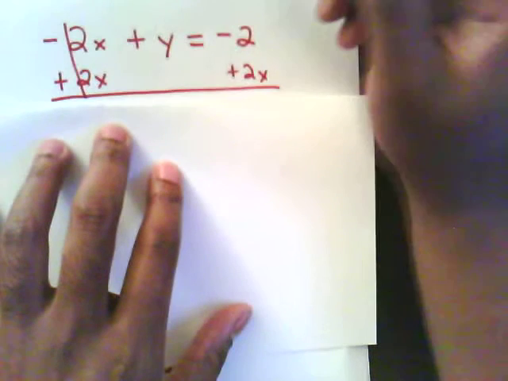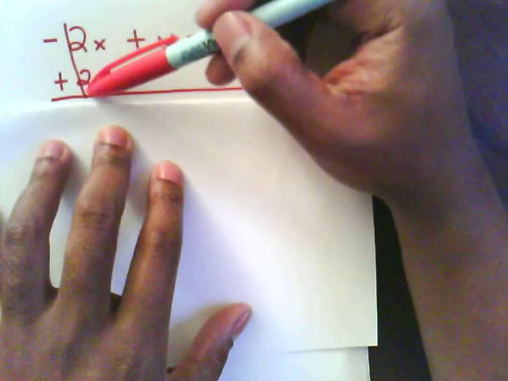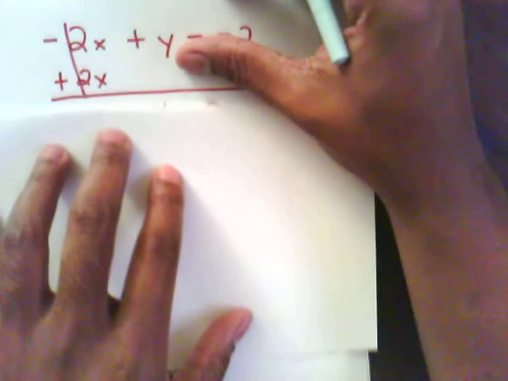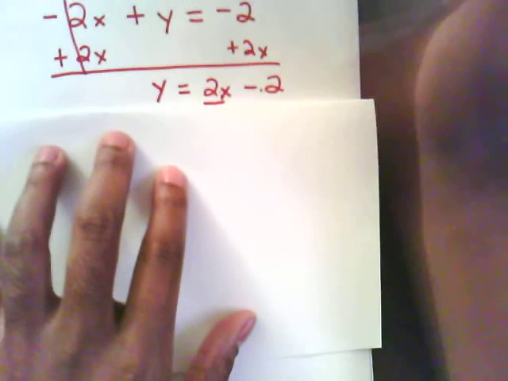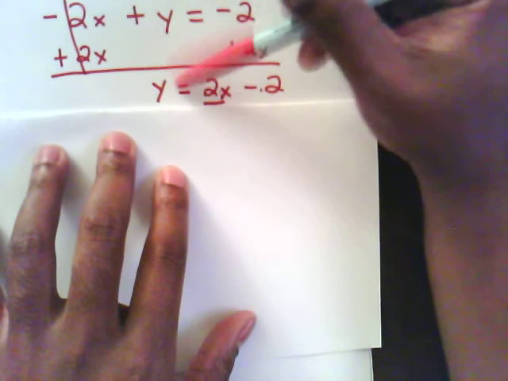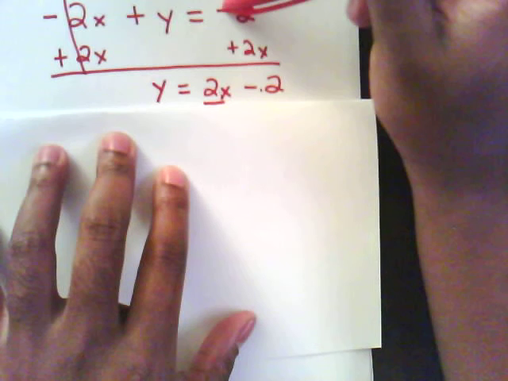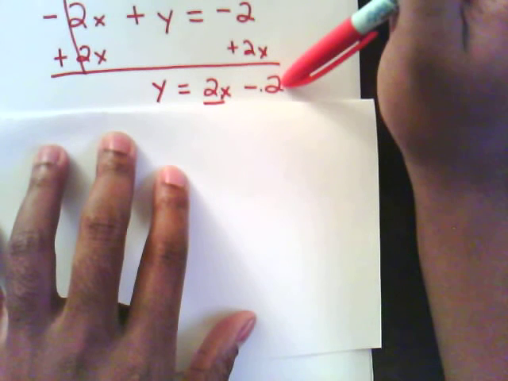So to do that, we do our inverse operation, which is add 2x to each side. The y is already by itself, so we get y equals 2x minus 2. It's okay if the intercept is negative.